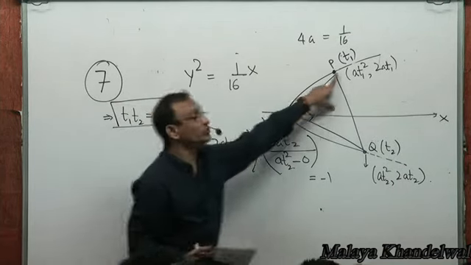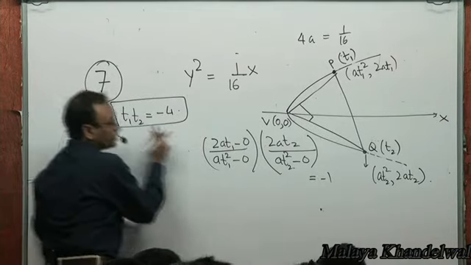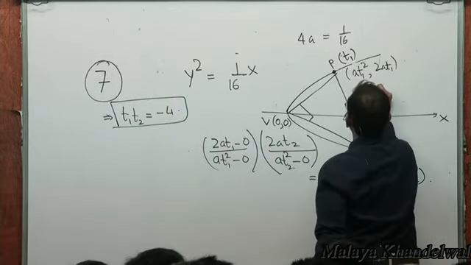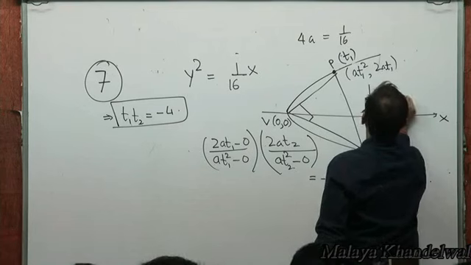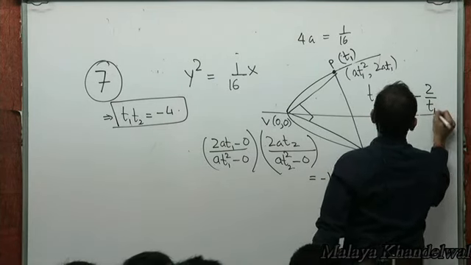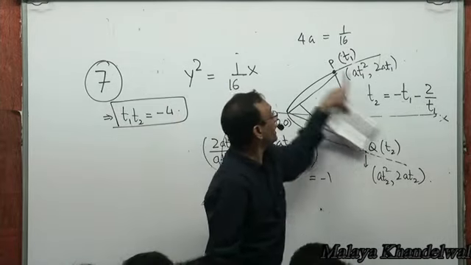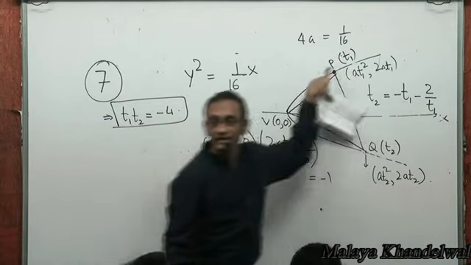Now we want to find the value of t1. t2 is the other end of the normal at t1. So t2 would be minus t1 minus 2 by t1. Did I discuss this yesterday? The t of the other end of the normal would be minus t1 minus 2 by t1.